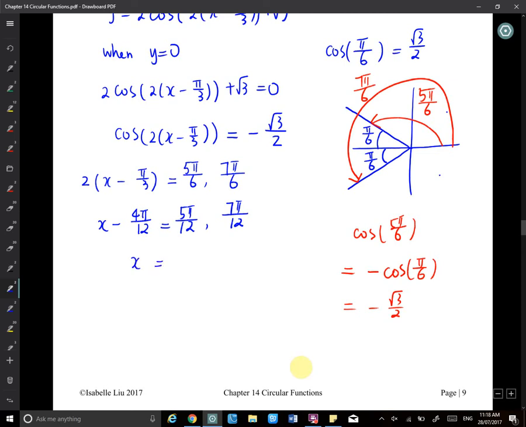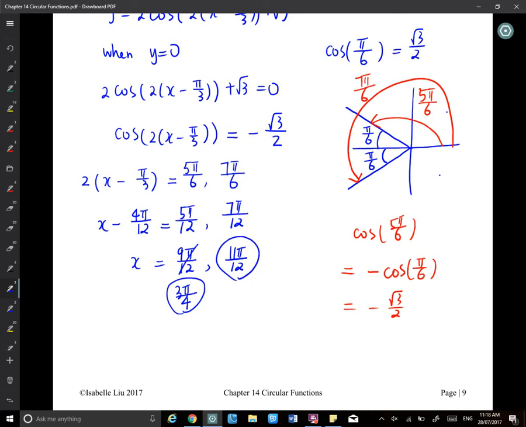So x will be 9 pi on 12 and 11 pi on 12. 9 pi on 12 will be 3 pi on 4. That's the first two values in the first period.